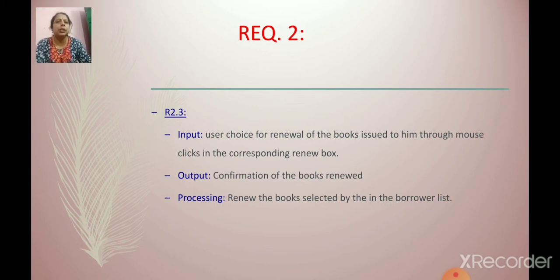The processing is to renew the book selected by the user from the borrower list. When the list of the user's borrowed books is displayed, the user will select the book which he or she wants to renew. After selecting the book, the confirmation that the book is renewed is given by the system.